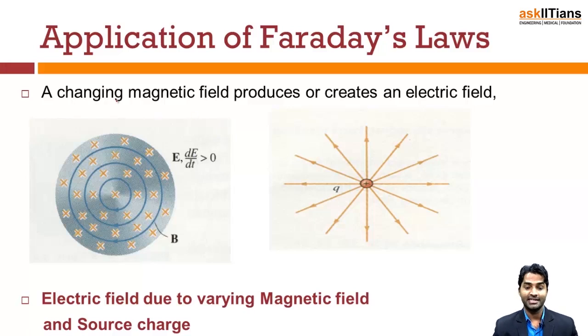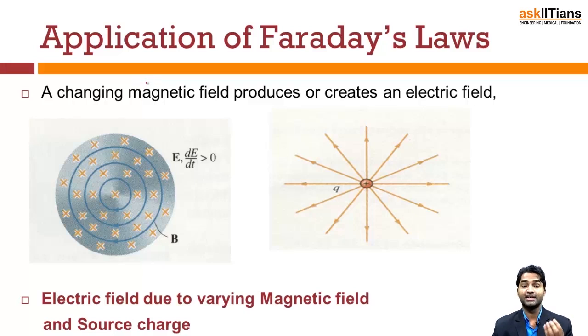Whenever an electric field is changing, it gives rise to a magnetic field, or vice versa. Because in the case of electromagnetic waves, we know that whenever a charge is in motion with non-uniform velocity, there are three effects: an electric field, a magnetic field, and it also radiates energy. But this time we are not talking about uniform velocity.